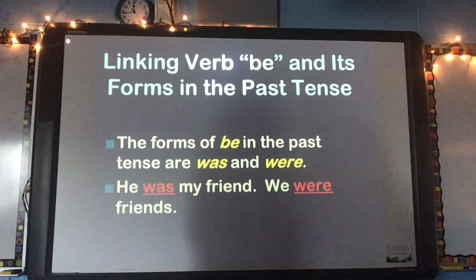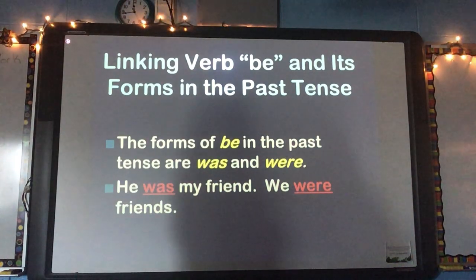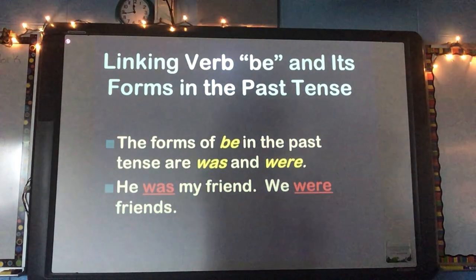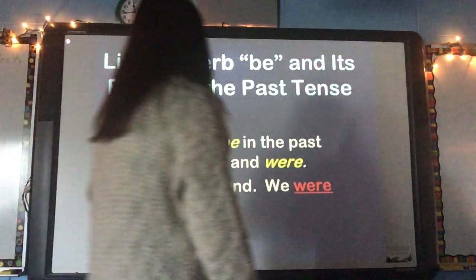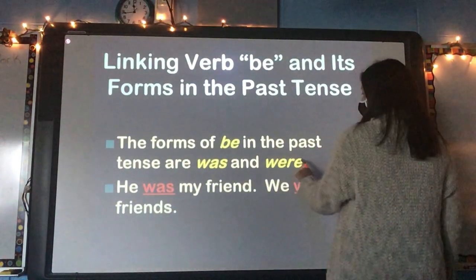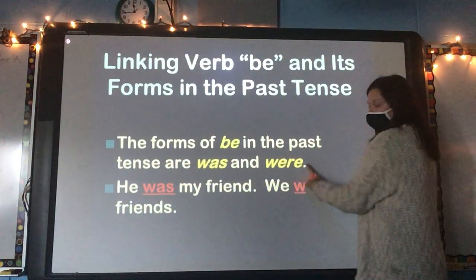Now, the past tense form of the word be using were. Use were in a sentence and I want you to write it in your language notebook now.